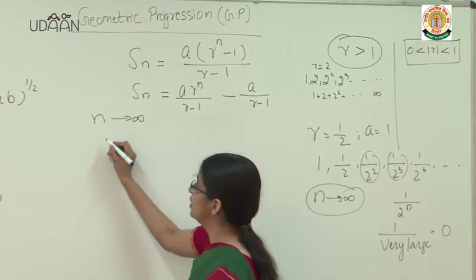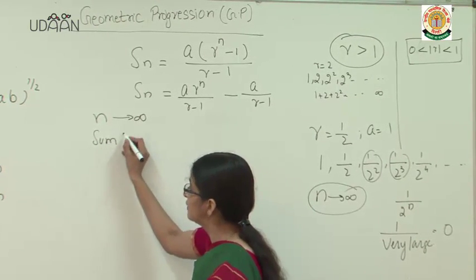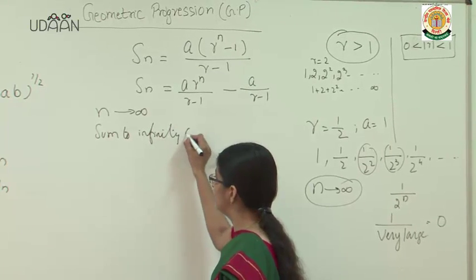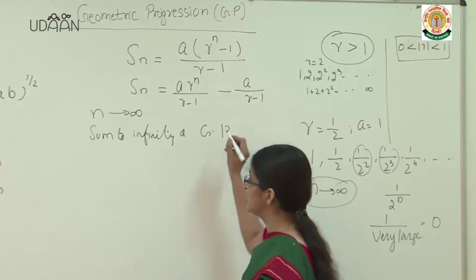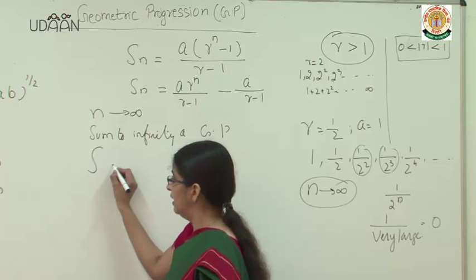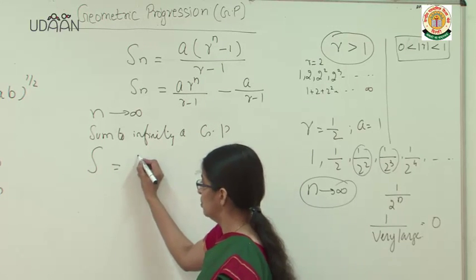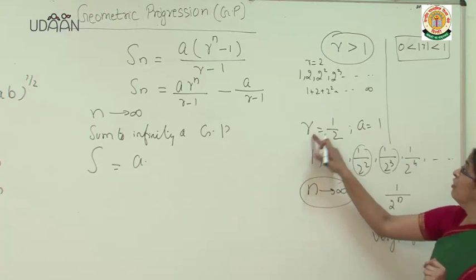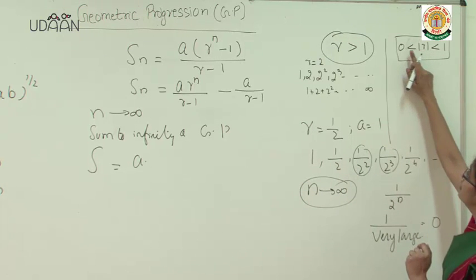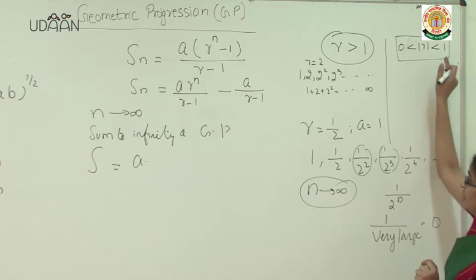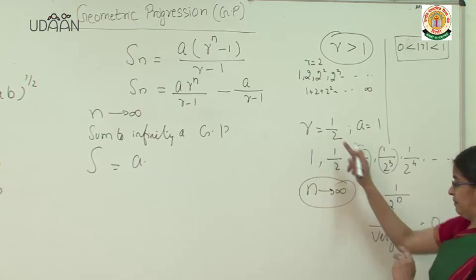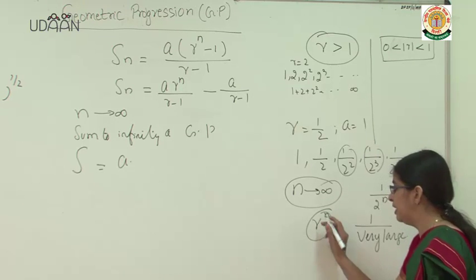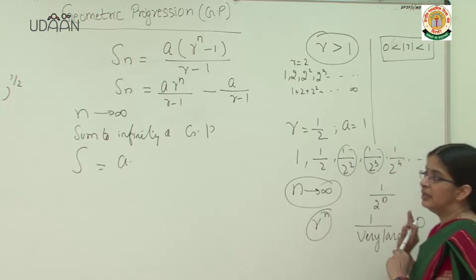As n tends to infinity, we get the sum to infinity of a geometric progression. I'll denote it as S is equal to a into... I've explained it with an example. When modulus of r lies between 0 and 1, we have seen that r power n will be very small, negligible.